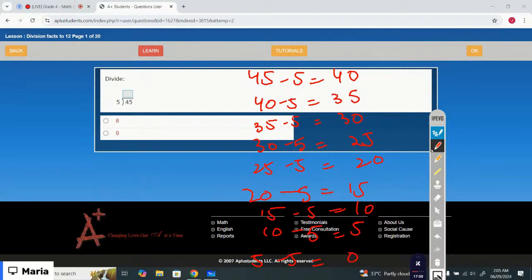You have to keep subtracting 5 until you have 0. So how many times have you subtracted? 1, 2, 3, 4, 5, 6, 7, 8, 9.